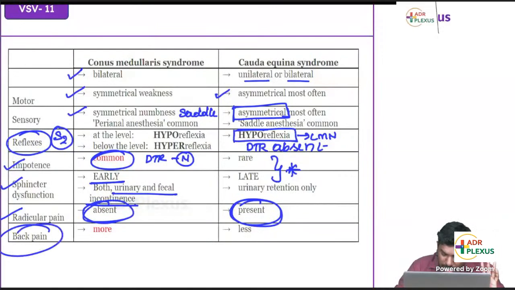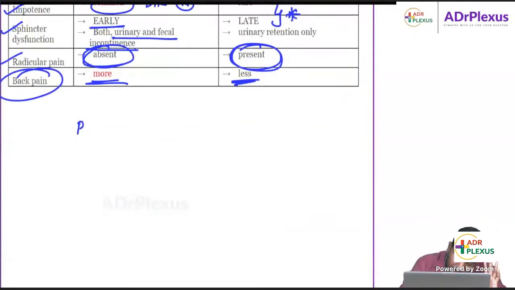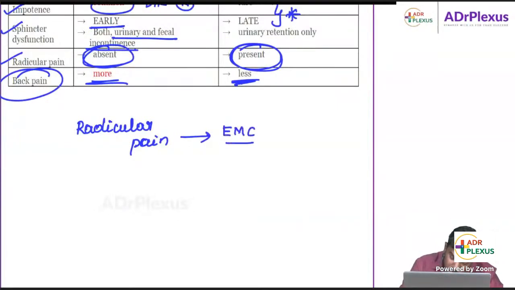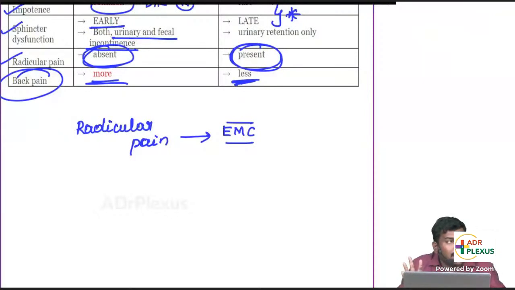Back pain also can be seen in both conditions. But in which kind of compression will you get radicular pain and back pain? It is extramedullary compression. We have discussed this in the extramedullary and intramedullary differences.